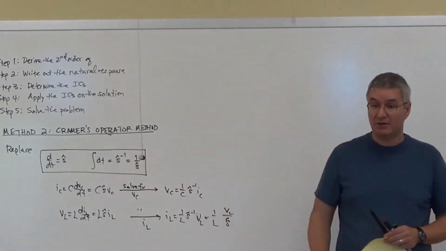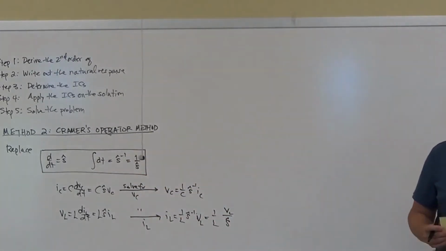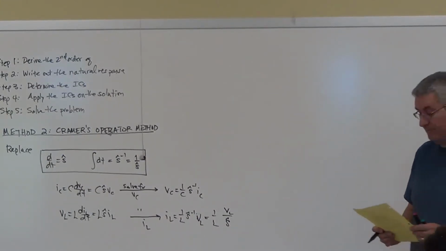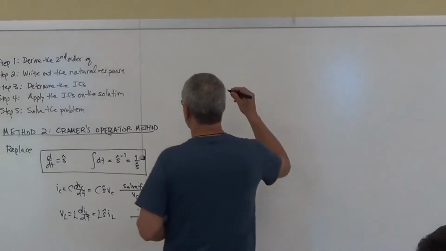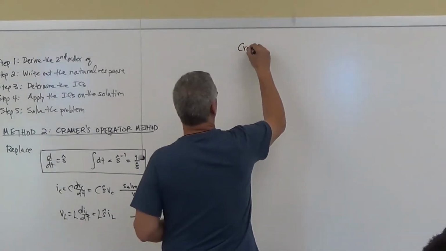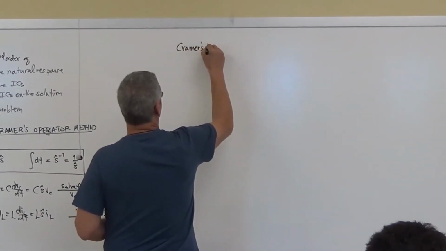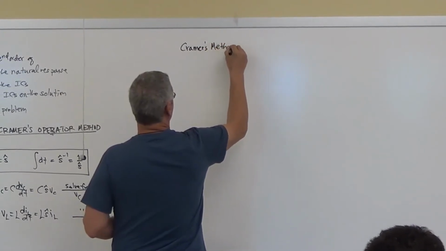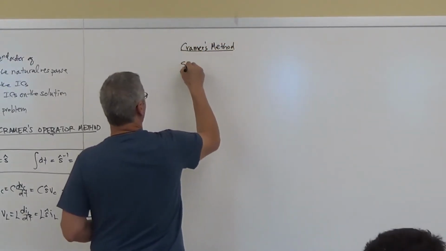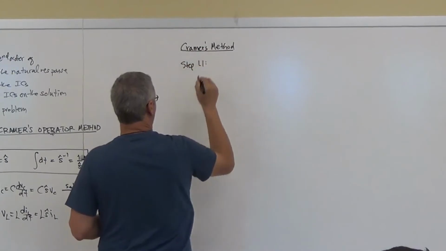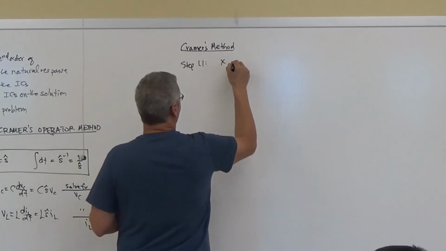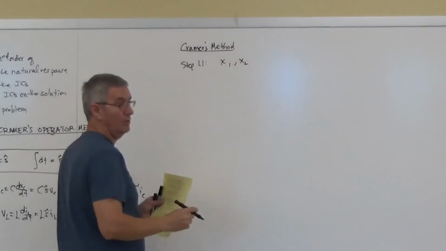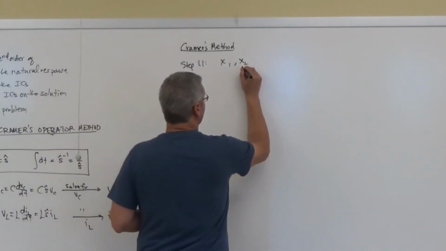You've got to memorize this process. So let's write it down very quickly. If I look at this Cramer method, clearly it's an operator. I still have these series of steps. I still replace x1 and x2 where I'm solving for this variable right here.